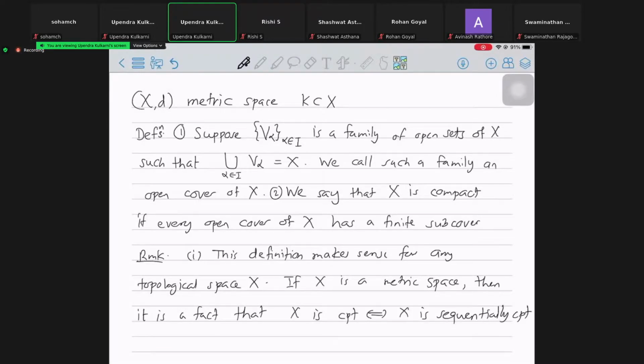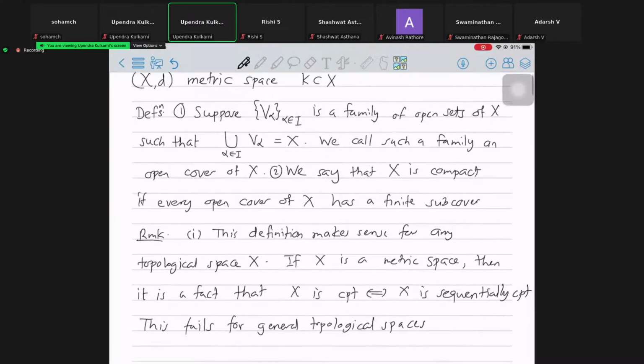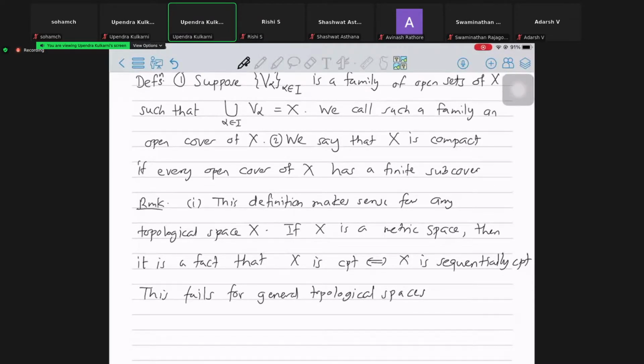If you want, you can take this as an exercise. This is not true in general. Both implications fail. And if you want, you can take this as an exercise. All of this.